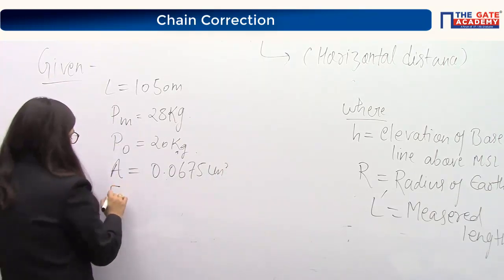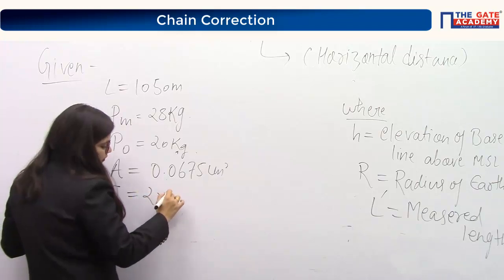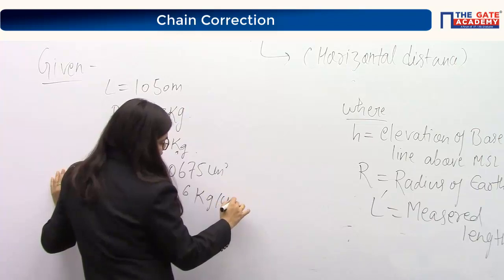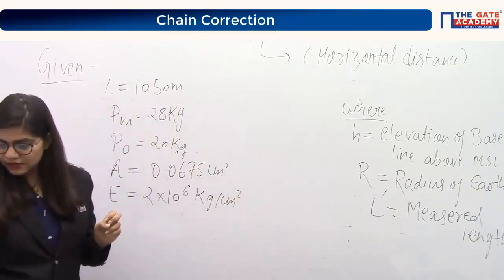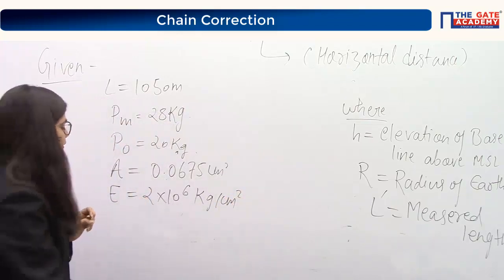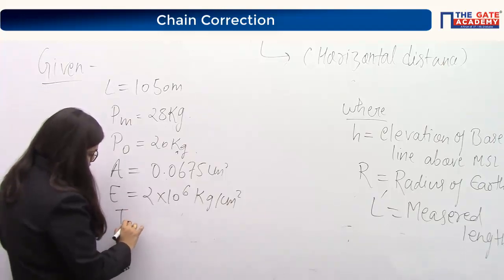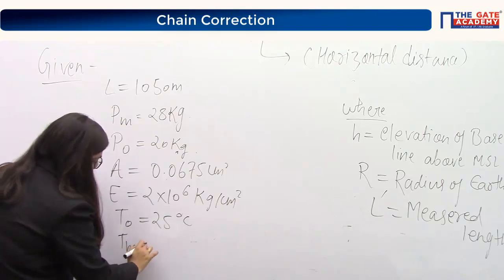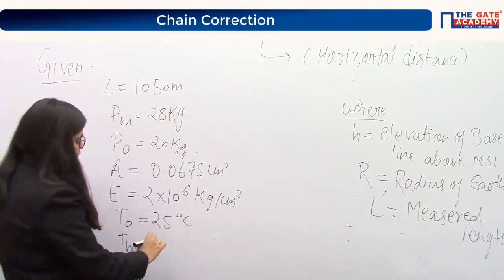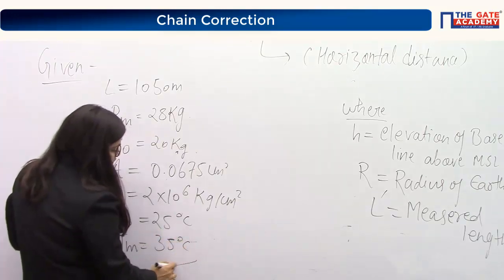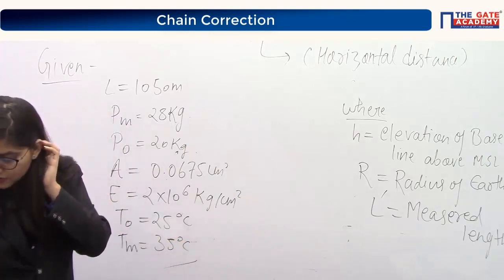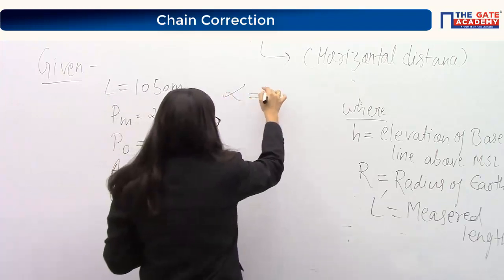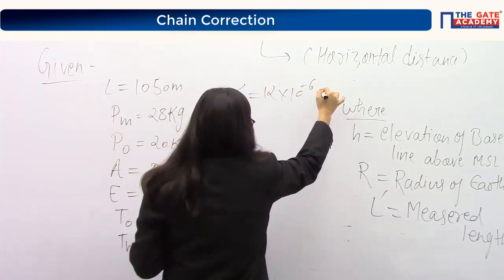E is 2 into 10 to the power 6 kg per centimeter square. Standard temperature T0 is 25 degrees centigrade and Tm is 35 degrees centigrade, and coefficient of thermal expansion alpha is 12 into 10 to the power minus 6.